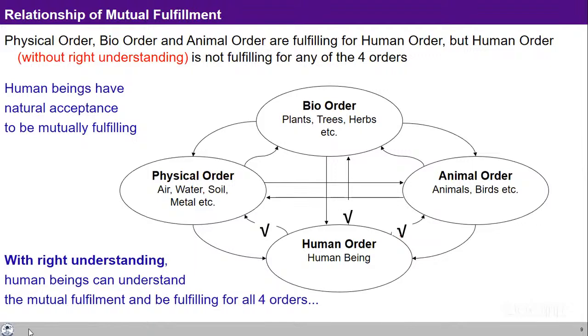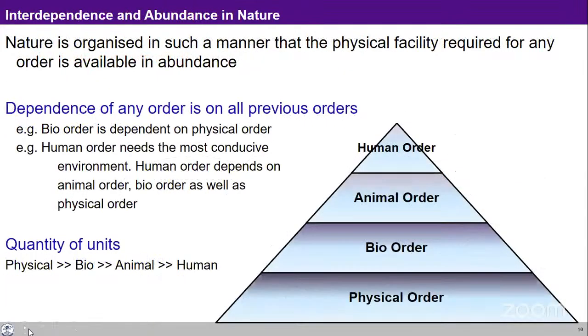Now, if we see the quantity, interdependence and abundance, nature is organized in such a manner that the physical facility required for the order is available in abundance. Like human order, animal order, bio order, physical order.